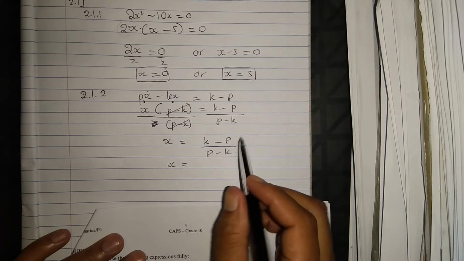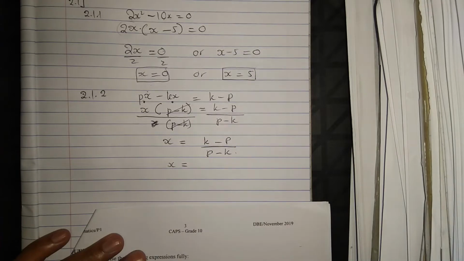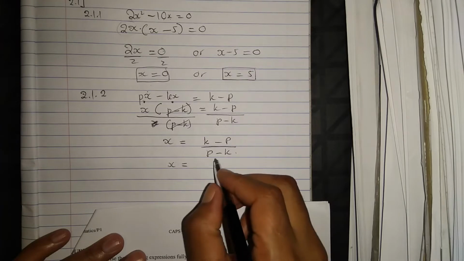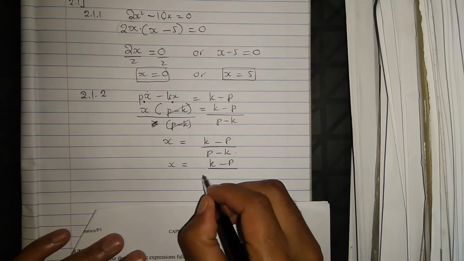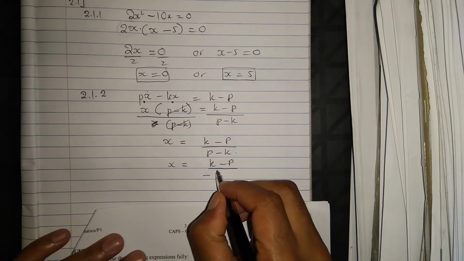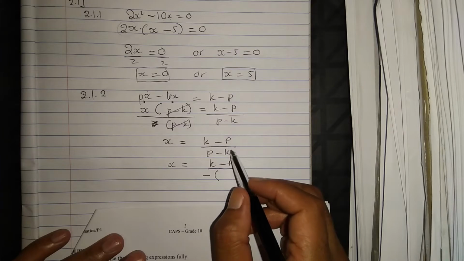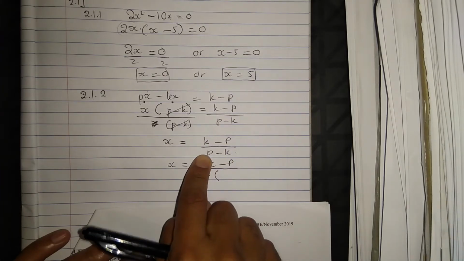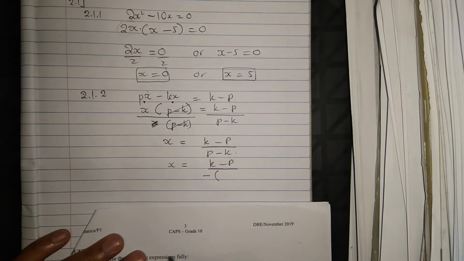So therefore it means on the denominator or the numerator we need to apply a sign change rule, but I choose the denominator. So we get k minus p over minus open bracket. When I apply the sign change rule, I want p to come here and k to come here.